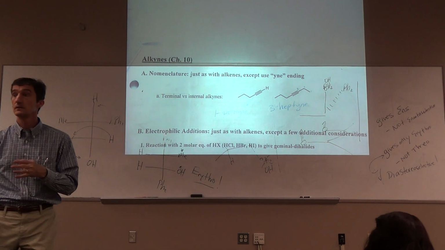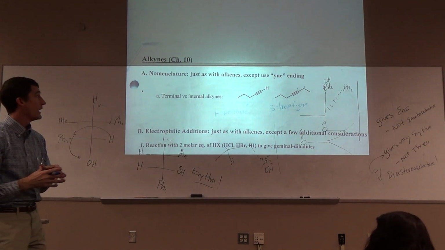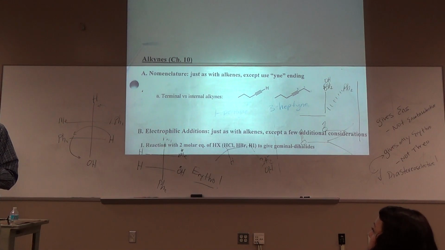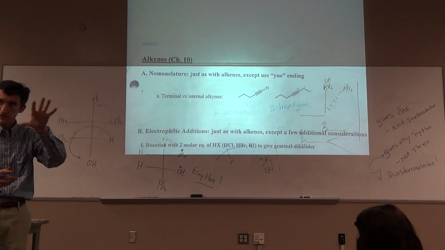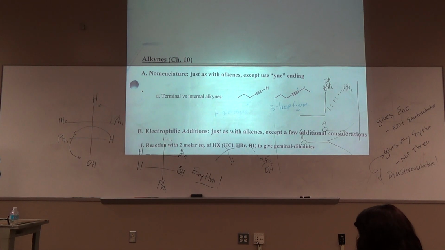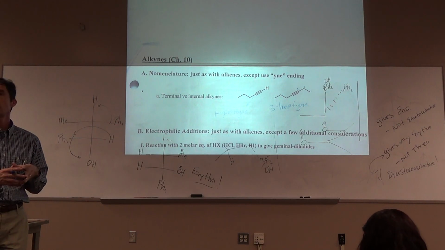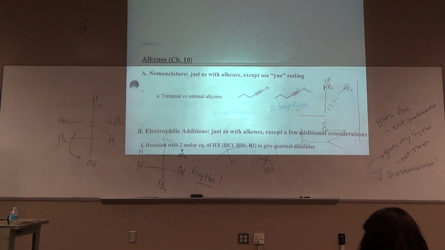Question? Why is the hydrogen drawn for the terminal one? It doesn't have to be. I just drew it to really clarify it. I reckon if I drew it naturally, I'd probably want to put it there. Also with my aldehydes, I just like to put the H of an aldehyde there.